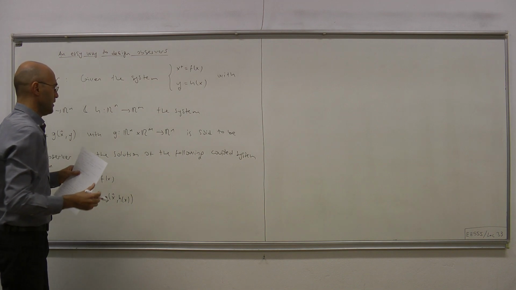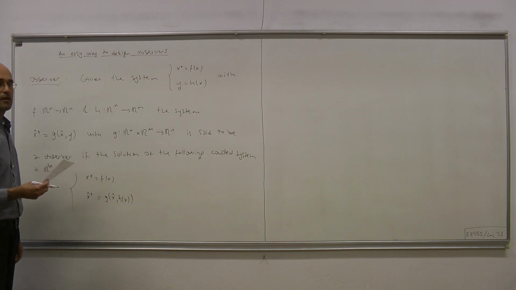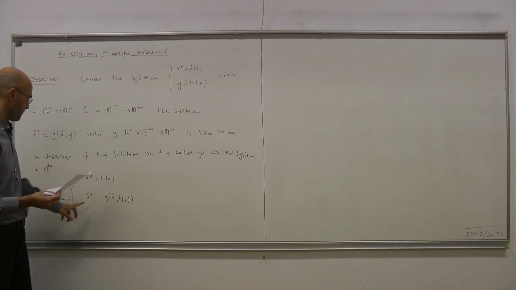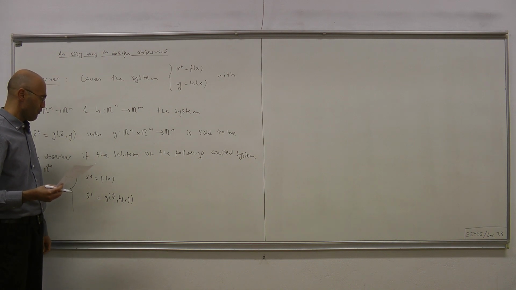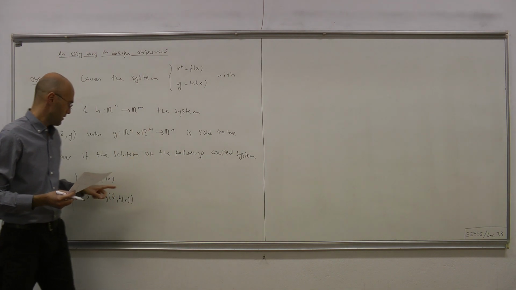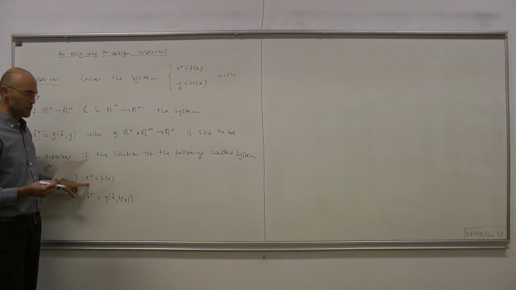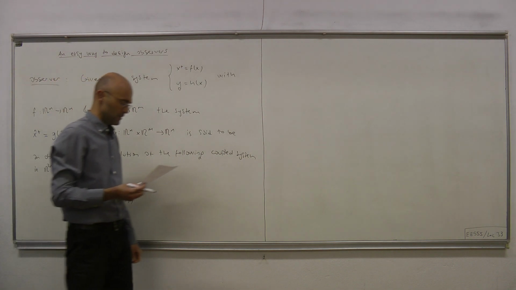Okay. Now, such a system is said to be an observer if the state of the observer system converges to the state of the original system x plus equals f of x.